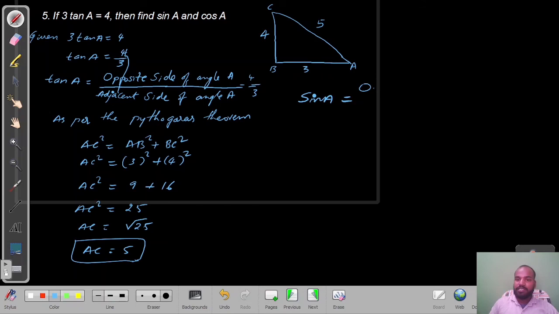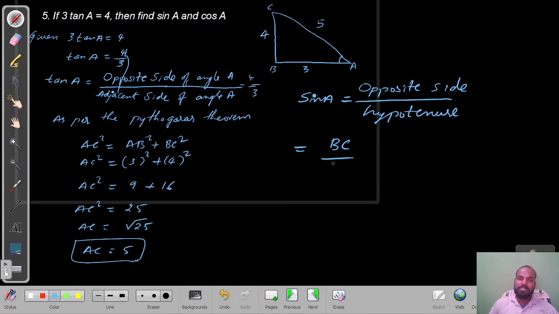So I am writing clearly: opposite side by hypotenuse. Now sin A, this is the angle A, right? So sin A is opposite by hypotenuse. What is opposite here? Opposite is BC. What is hypotenuse here? Hypotenuse is CA.